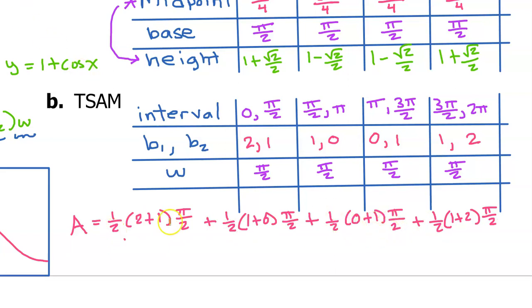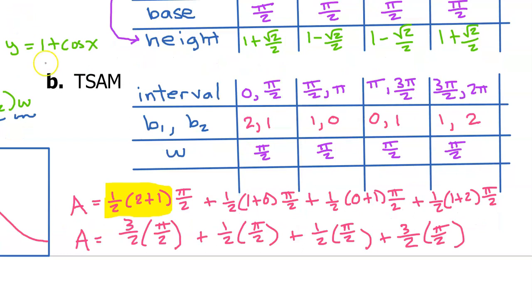It's really a pi over 2. Anyway, all of this red is an acceptable answer for the Riemann sum using the trapezoidal sum approximation method. However, most people would probably go ahead and simplify this part of each product. So the 2 plus 1 is 3, divided by 2 is 3 over 2, and so on. So there's your Riemann sum.